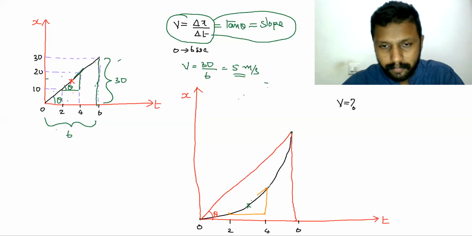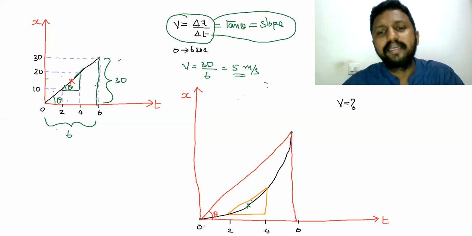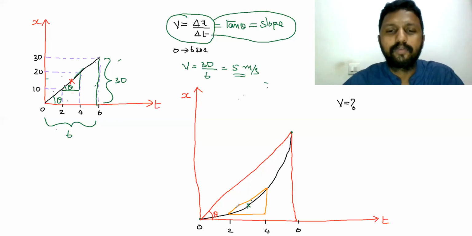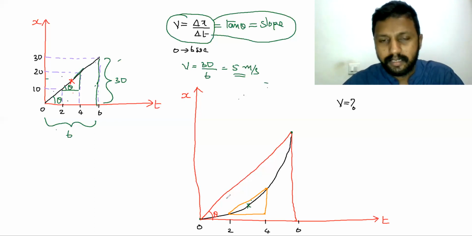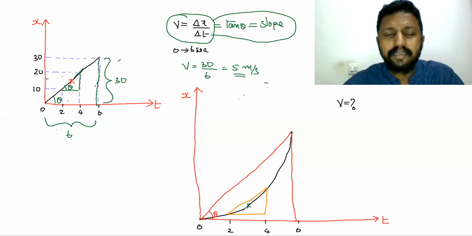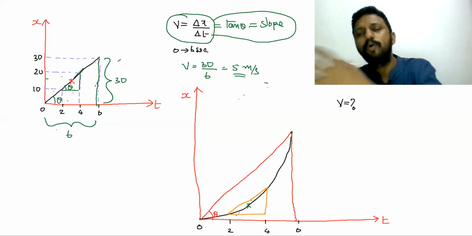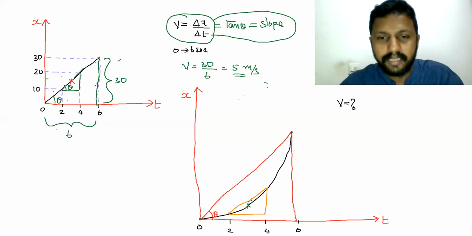If we take the tan theta value of this orange triangle, that will also give you the velocity. Which velocity will be a better one? The tan theta value of this red triangle or of this orange triangle? Now we can say the tan theta value of this orange triangle will be a little bit nearer to the velocity at this particular instant.